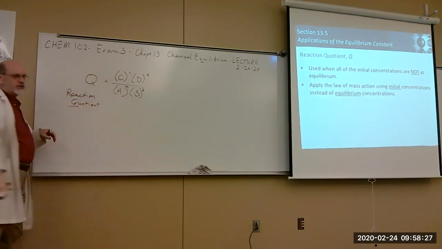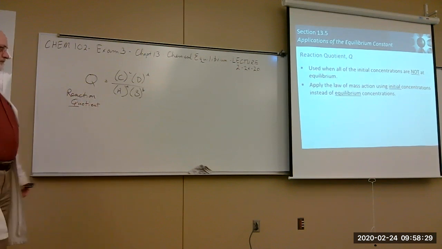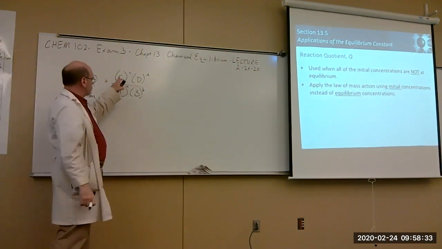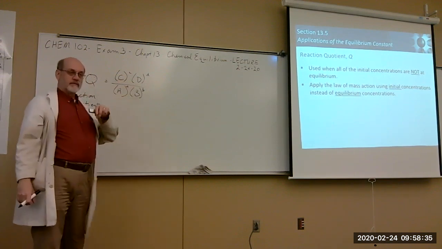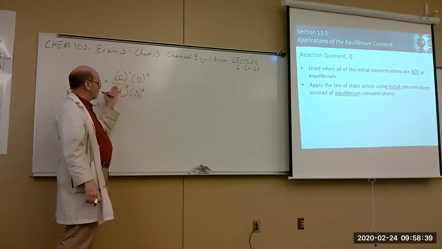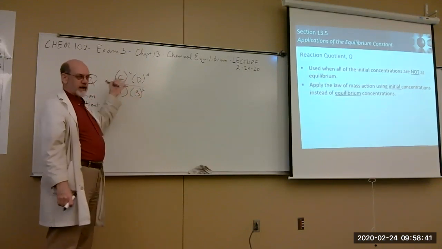Hence the use of Q, the reaction quotient. And the calculation that you do is before the reaction starts. You put in the values of the concentrations of reactants and products.